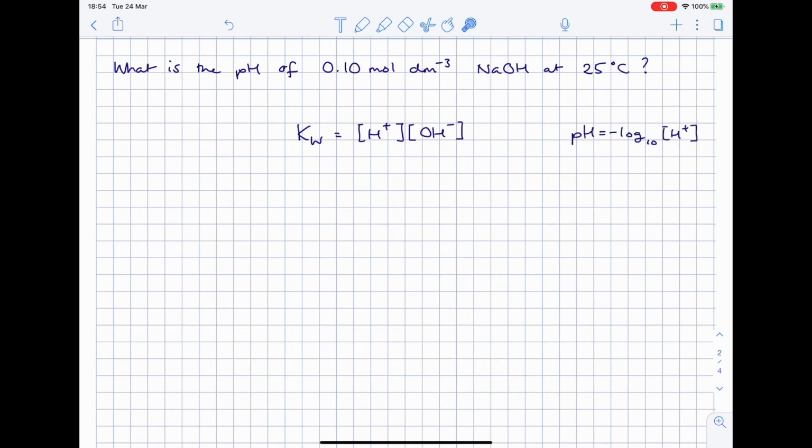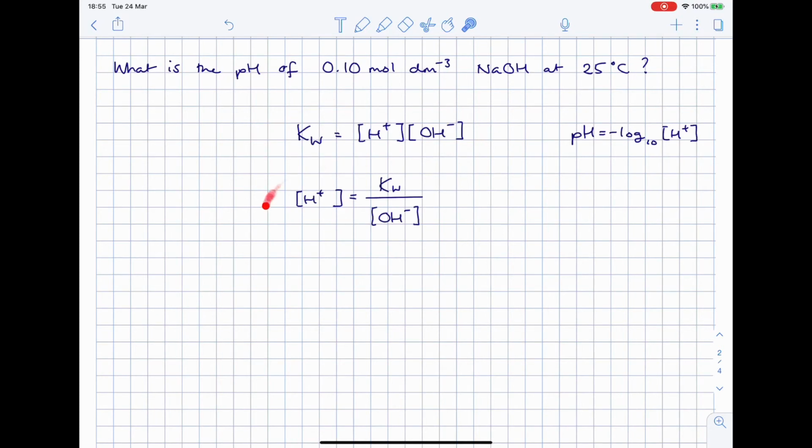All we do is rearrange this equation for the H+ concentration, and since we know Kw at 25 degrees C and we know the concentration of the hydroxide because the sodium hydroxide fully ionizes, we can work out the H+ concentration. Then we just use minus log to the base 10 of the H+ concentration to work out the pH of this alkali.